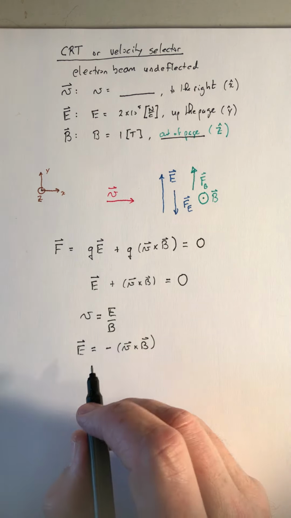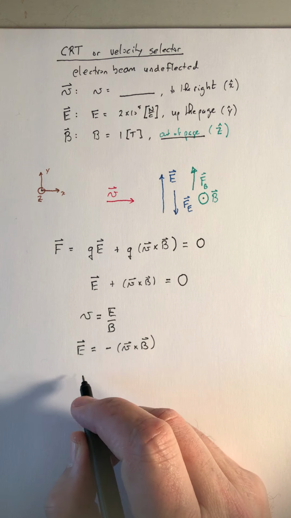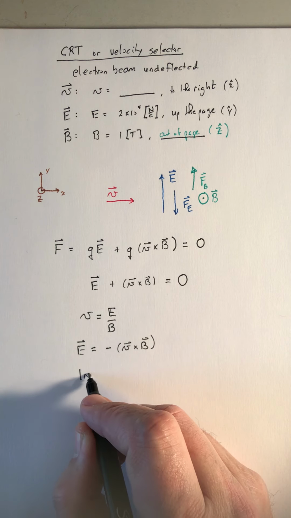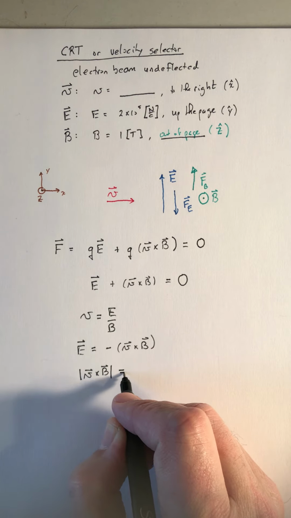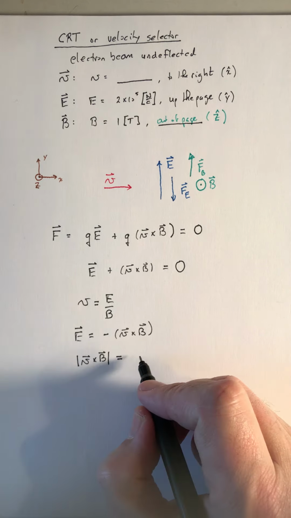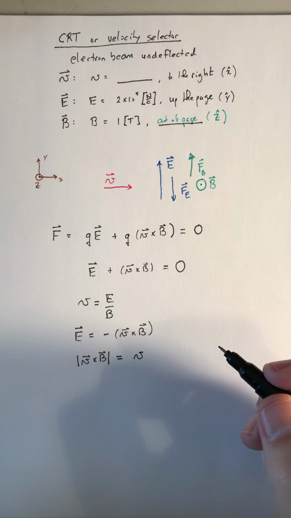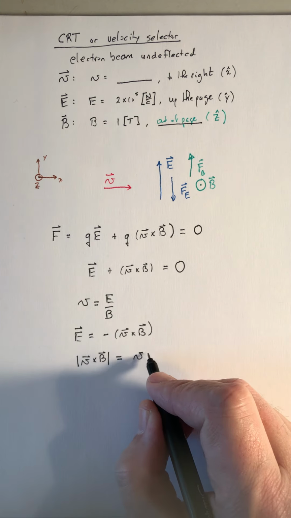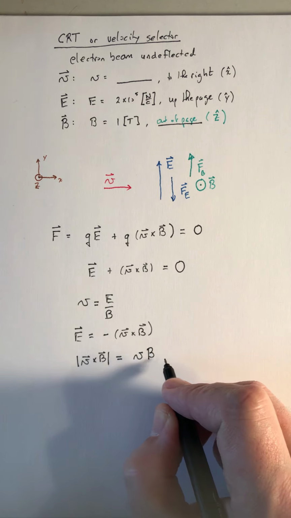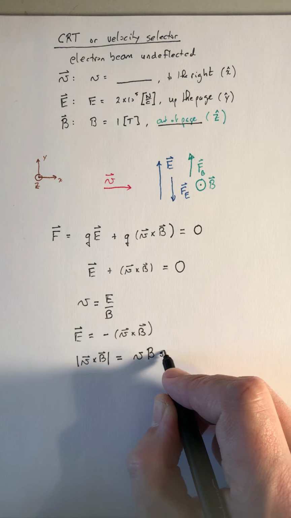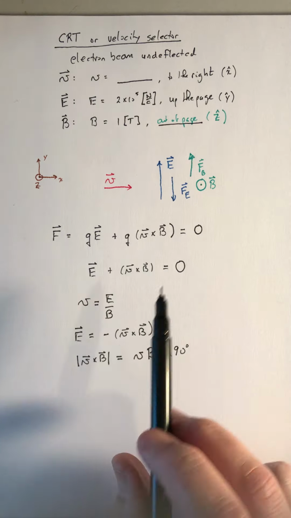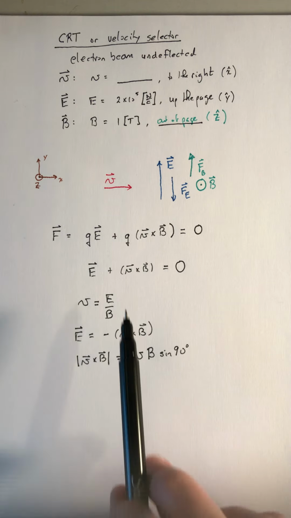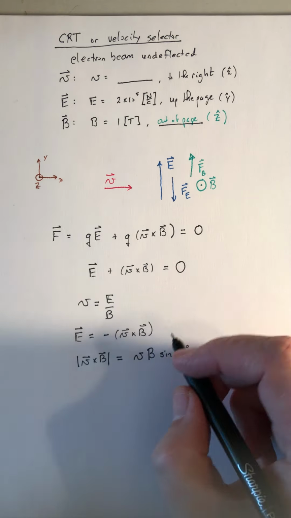The magnitude of V cross B is going to be the speed times the strength of the magnetic field times the sine of 90 degrees, because the velocity and magnetic field are at right angles.